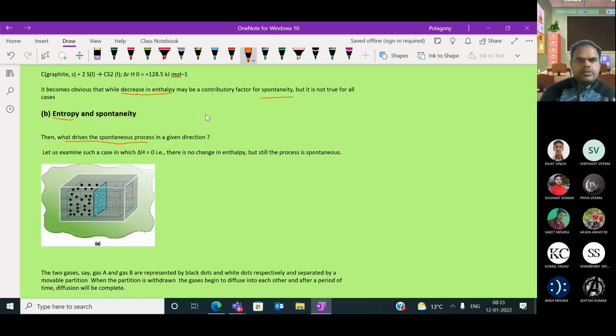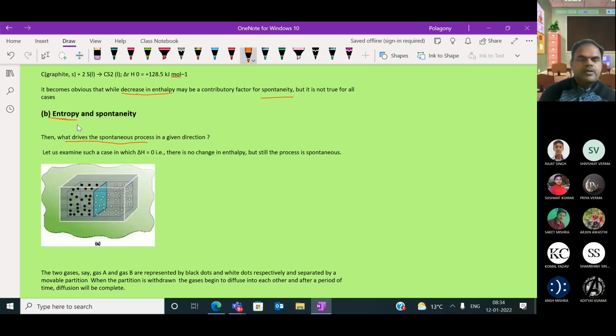And the reason for the spontaneity is the decreasing enthalpy of the system. But some reactions take place without a decrease in enthalpy change also. In that case, we have to use one more term, which is called entropy.